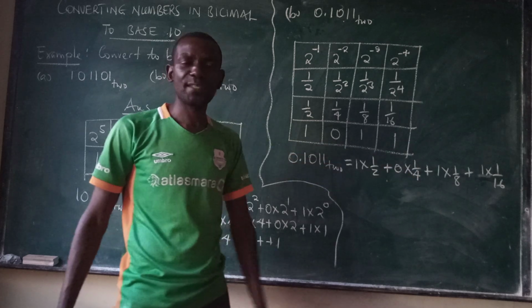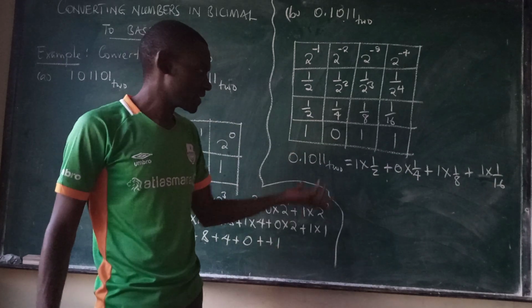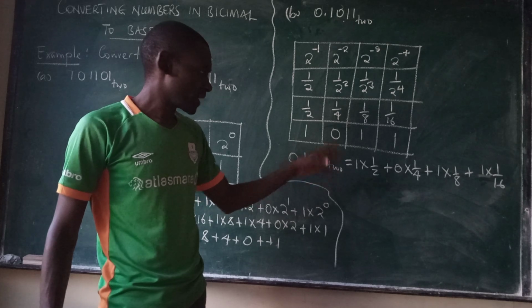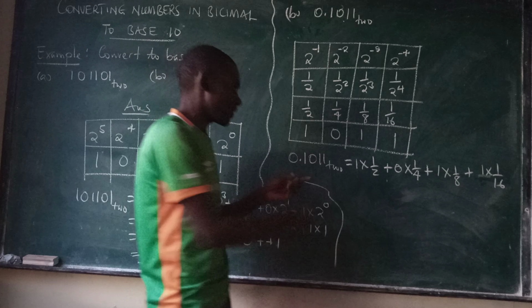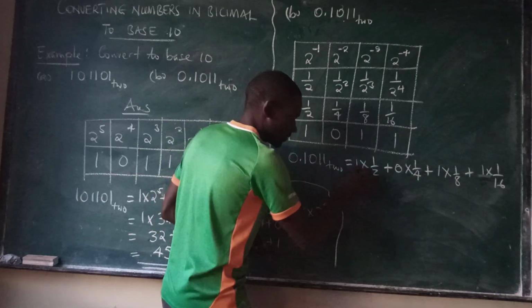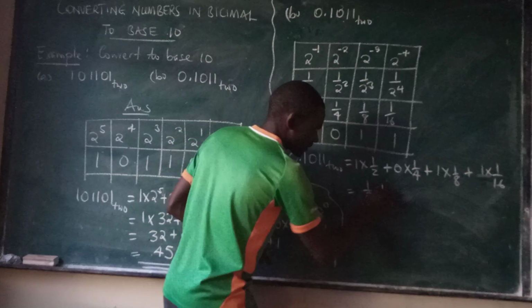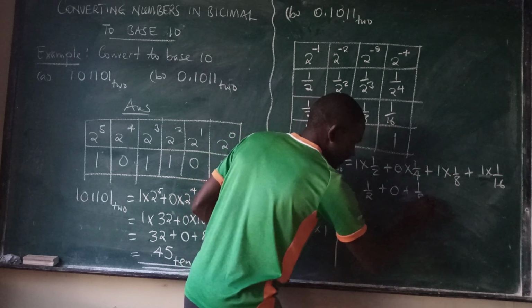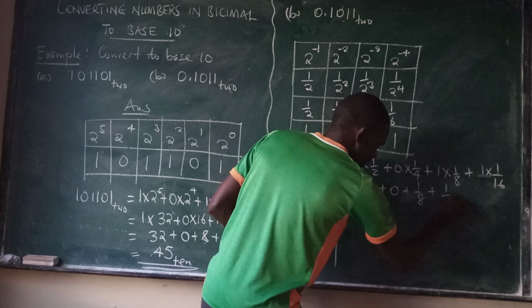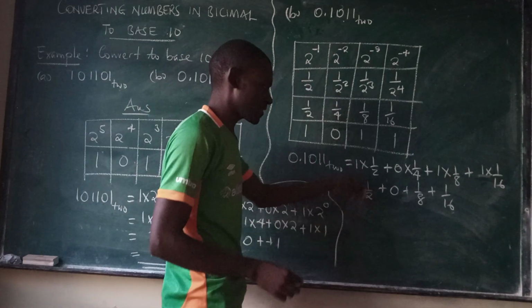But if you want to have it as a decimal fraction, since we are in base 10, we can just convert this. 1 times that is half. Here it is 0. 1 times that is just 1 over 8. And then 1 over 16. So what we can do is we just compare.